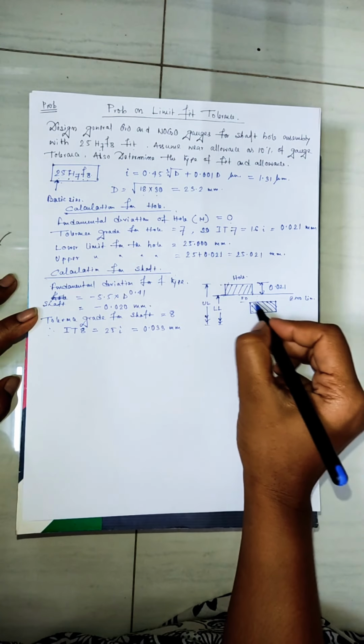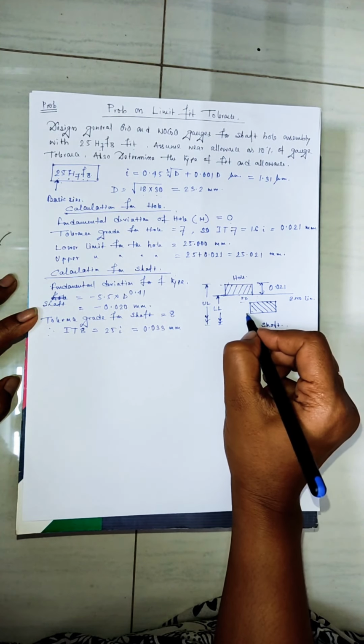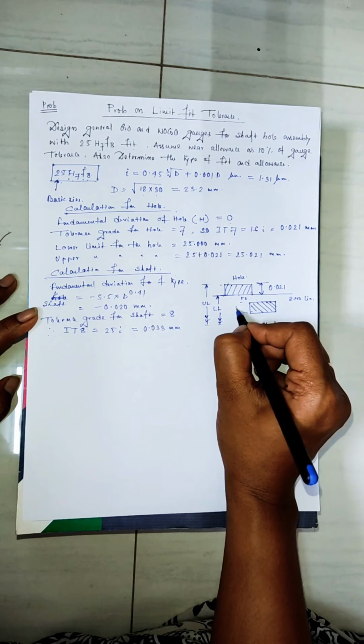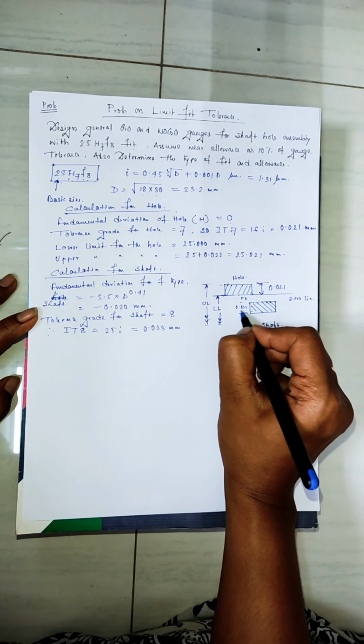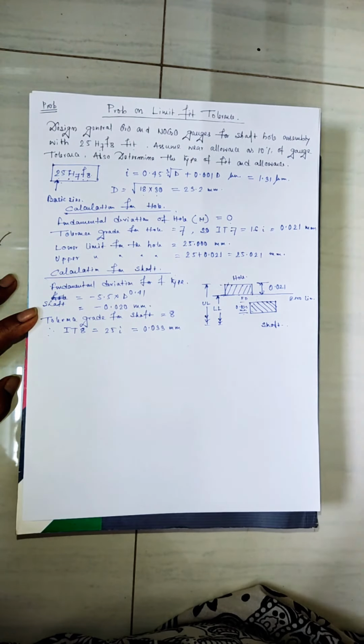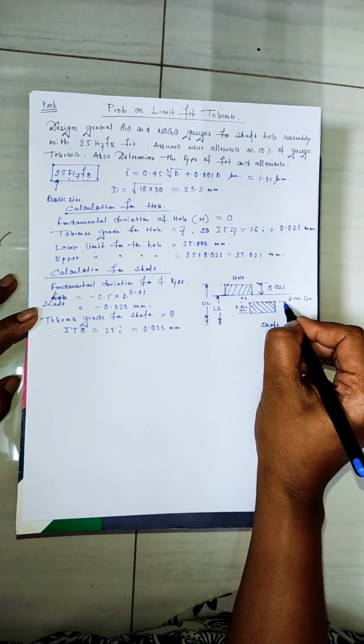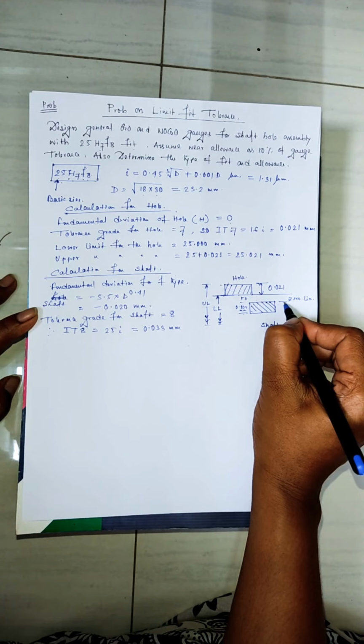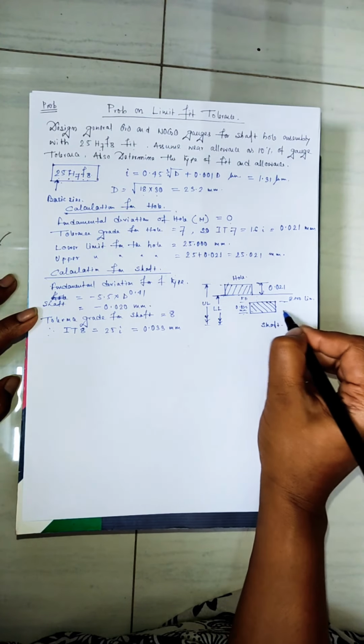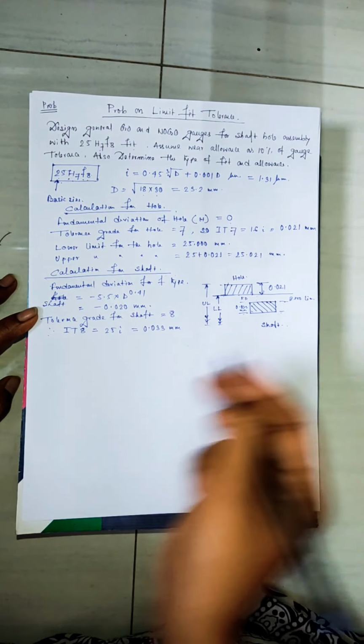So this tolerance grade value is 0.033 millimeter, right? So this is the upper limit for the shaft, and this is the lower limit for the shaft.